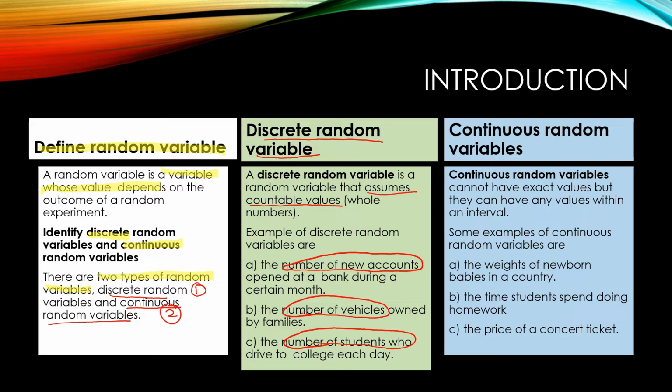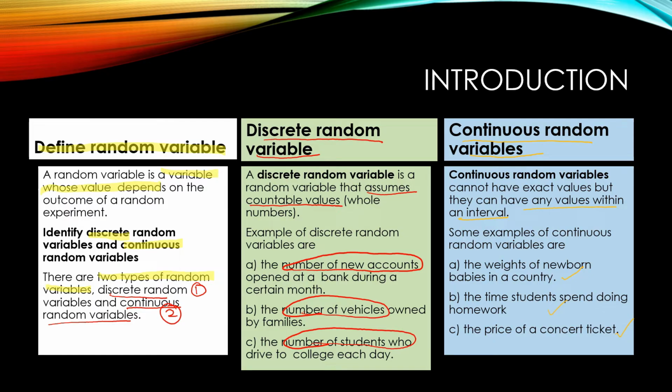Whereas for continuous random variables, which is in the blue box here, continuous random variables cannot have exact values, but they can have any values within an interval. Some examples of continuous random variables are: A, the weights of newborn babies in a country; B, the time students spend doing homework; C, the price of a concert ticket.